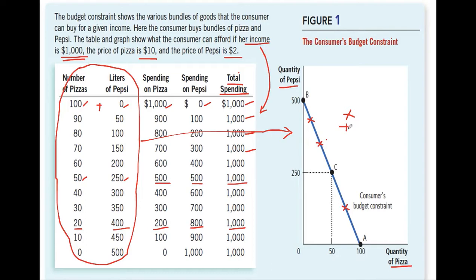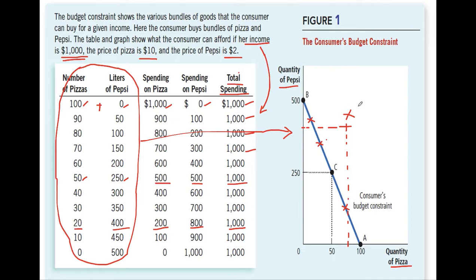Why? Because this X combination is beyond his budget limit. To buy this combination of goods represented by this point X, he should have an income higher than $1,000.